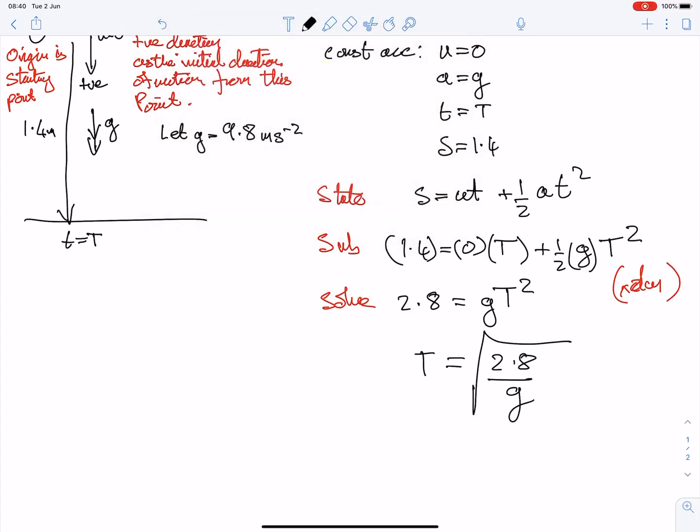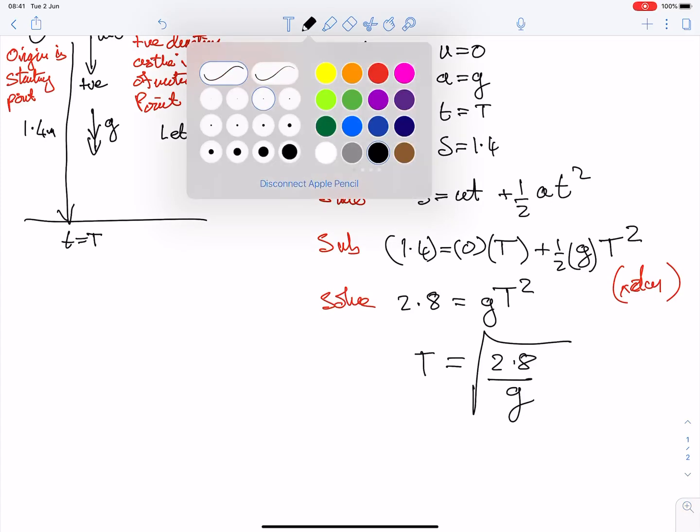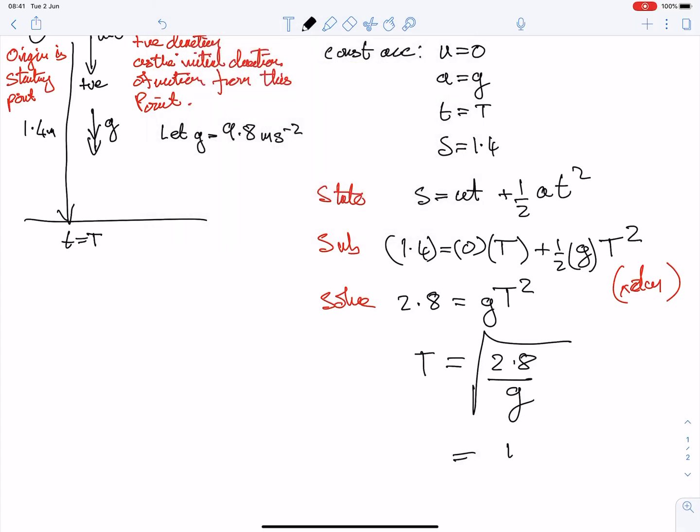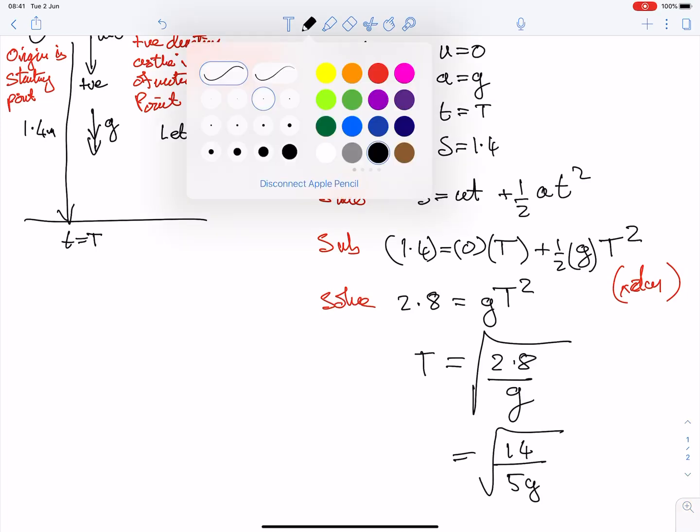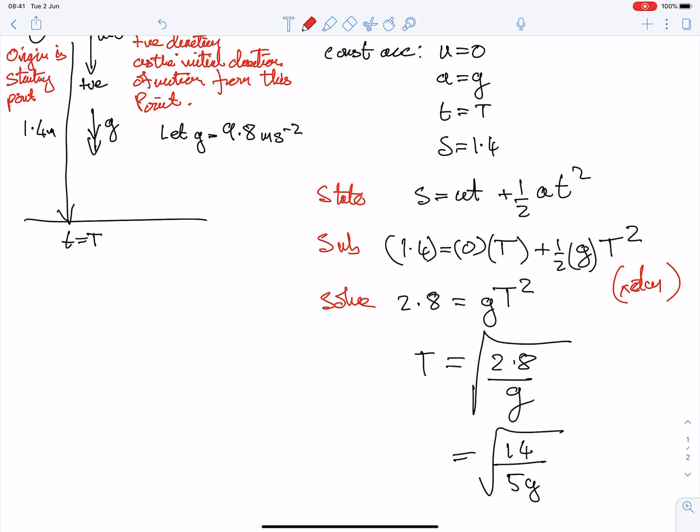So we get 14 over 5g square rooted, and that's again using this idea that a over b over c equals a over bc. That little idea comes in quite a lot, and I've let 2.8 equal 14 over 5 to do that.